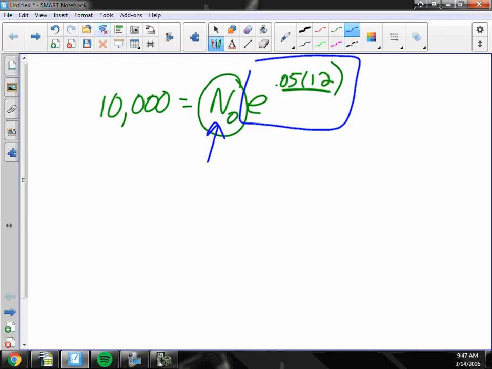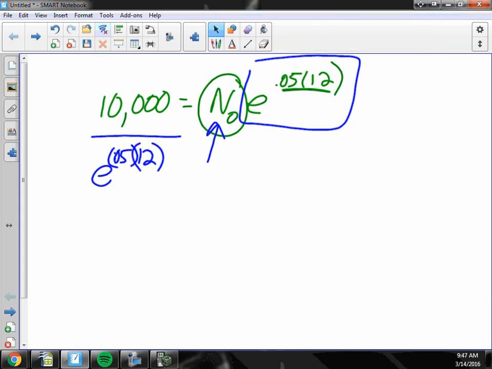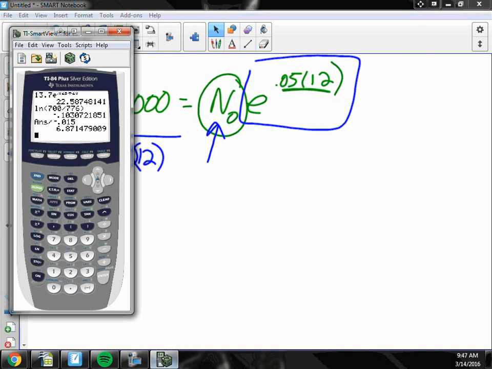So how do I separate them? All I need to do is divide by e to the 0.05 times 12. So we can just type that straight into our calculator. Divided by e raised to the 0.05 times 12. And the initial value was 5,488.